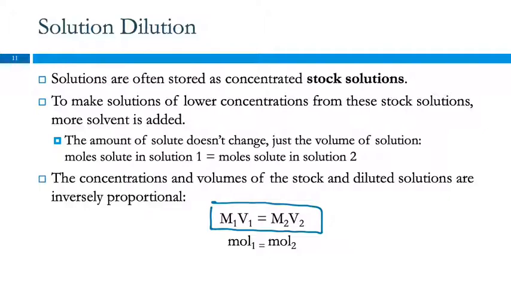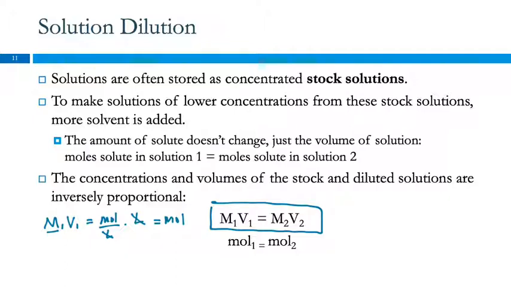If we look at the units here, M1V1. So that's moles of solute per liter. That's moles per liter times the volume, and the volume cancels out, and that gives us moles of solute.